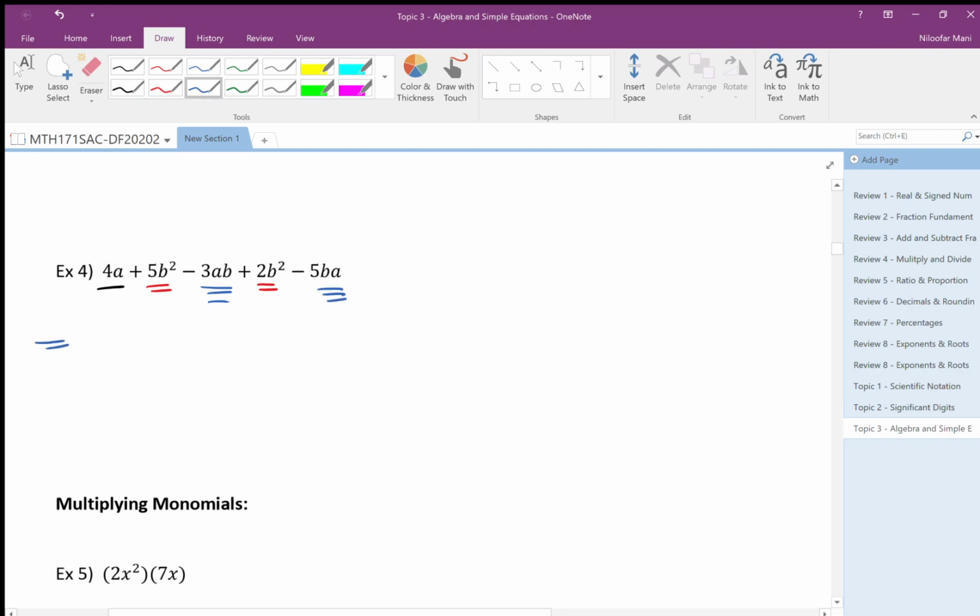Now I do equal. 4a is the first one. 5b squared plus 2b squared is 7b squared. Minus 3ab minus 5ba. Oh, I know ab and ba are the same. So this and this are the same, so it's minus 8ab. The reason I group them is because I know ab and ba are the same.